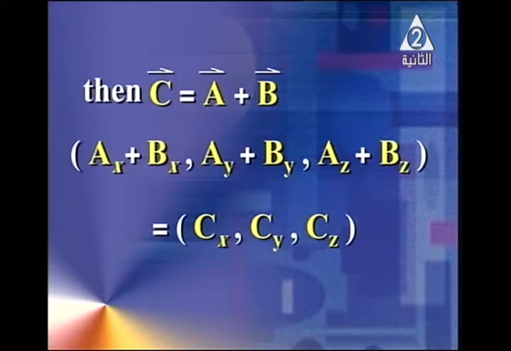This vector is called vector C, equal to CX, CY, CZ.